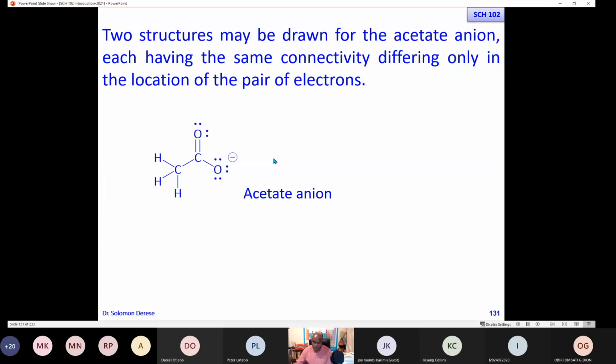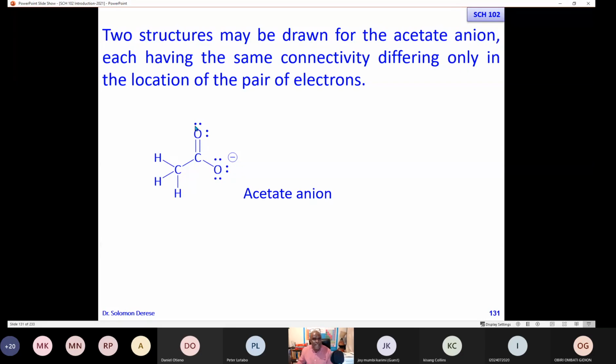You remember when drawing the Lewis structure of the acetate ion, we followed steps. The first step was to determine the arrangement of the atoms, how the atoms are connected to each other, which one is next to which. So these two structures have the same connectivity, but the only difference between them is in the location of a pair of electrons.